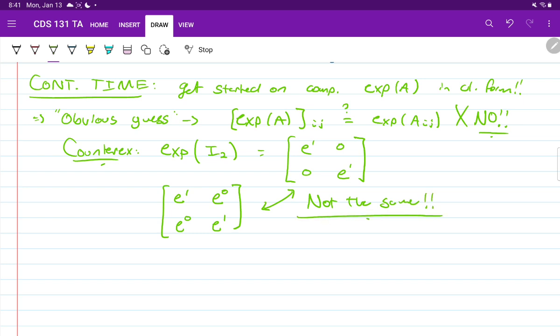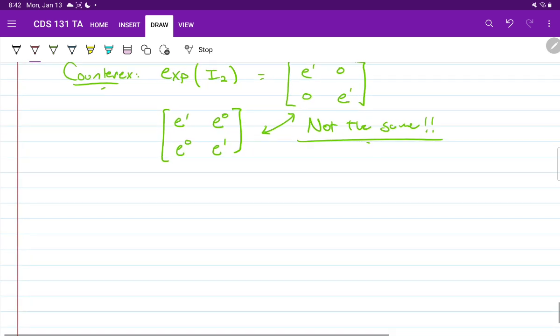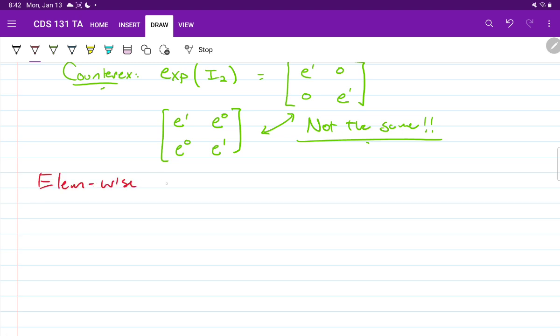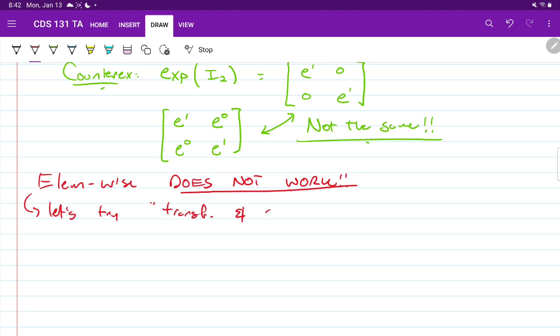Element-wise computation is not something we can do for the matrix exponential. Element-wise does not work. Since element-wise doesn't work, let's try this transform and compute method.